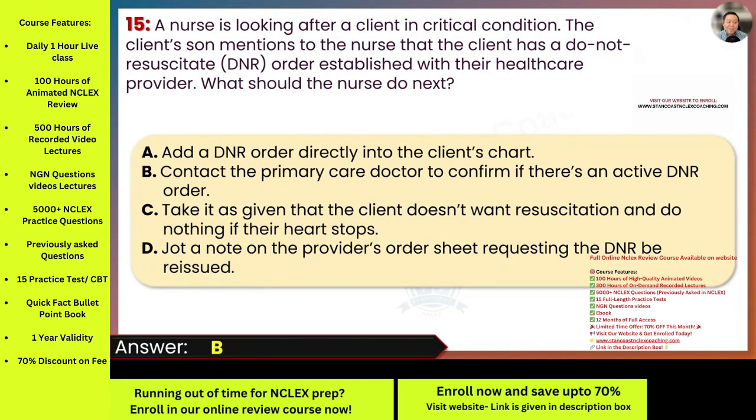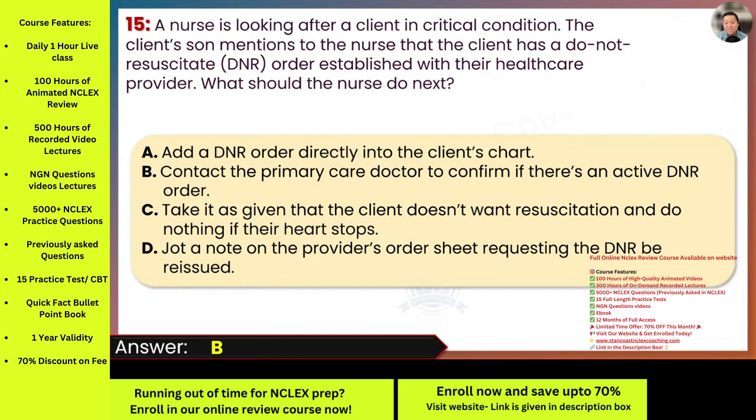Okay. What about letter C? Why is this incorrect? Well, without a signed DNR order, full resuscitation is the default. Even if the client previously expressed their wishes, nurses must follow official documentation and not follow verbal reports from the family.